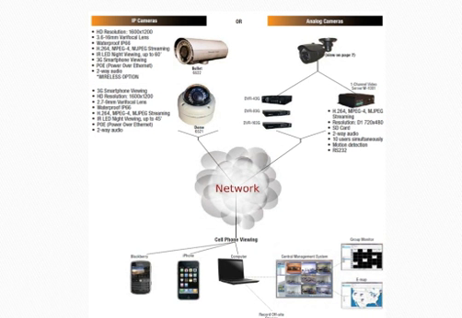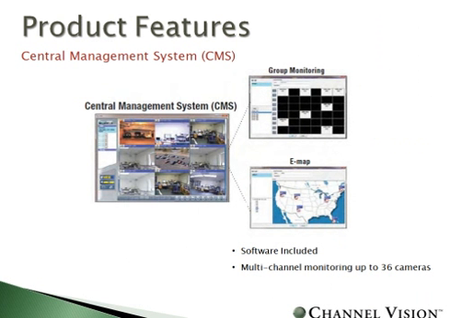So that's really big. Some of you that are taking notes, that's one thing that you definitely want to make a notation of. So that CMS software will allow you to manage all the different cameras. It'll allow you to put up a group monitoring so that instead of pulling up the IP address of camera 1, you say, I want to pull up the camera that is viewing the kitchen or the parking lot camera.